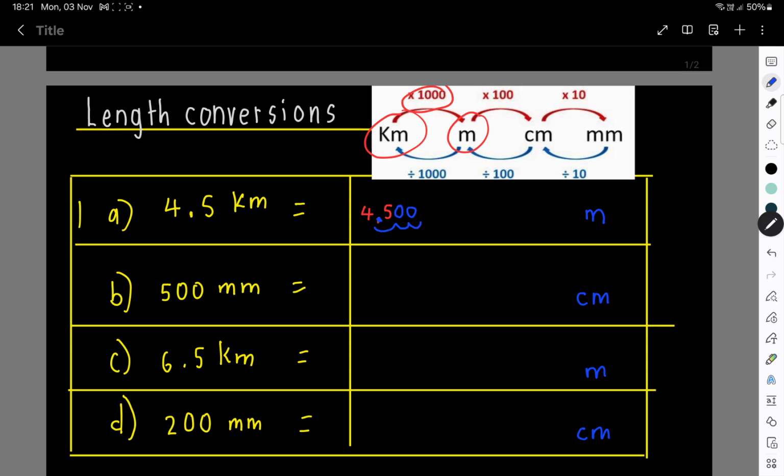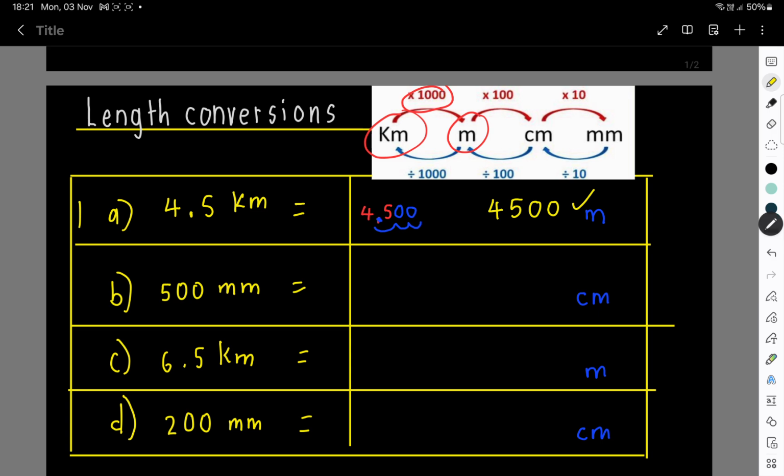You'll take out the comma. After that, you are left with 4,500 meters. That is the correct answer.